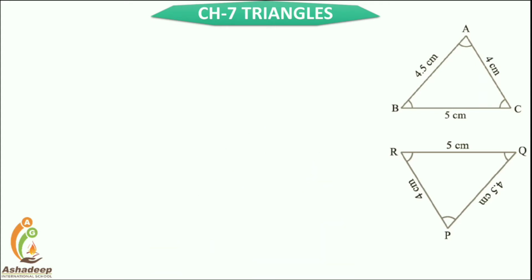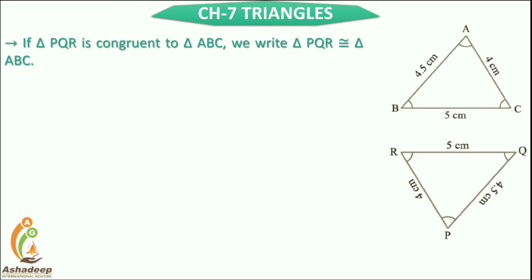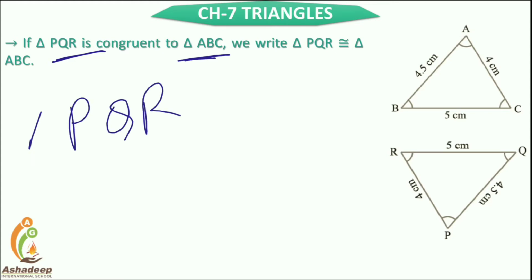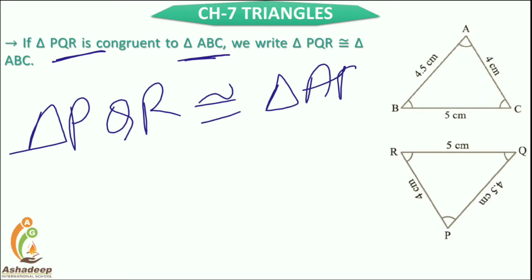So both the figures are going to be congruent figures. Now let's see step by step. If PQR is congruent to ABC, we can write that triangle PQR is congruent with triangle ABC. This is in the same manner.